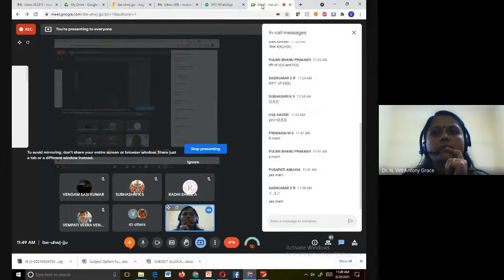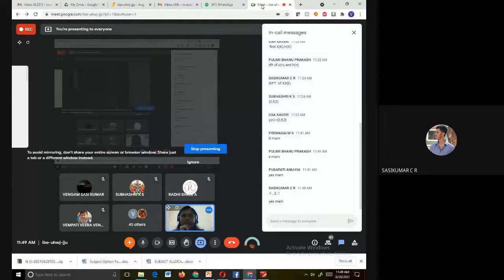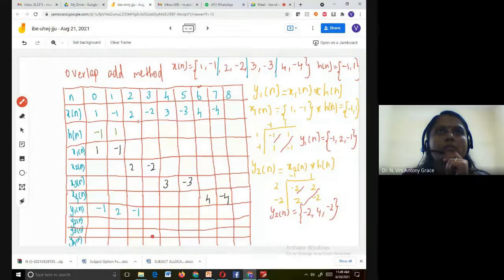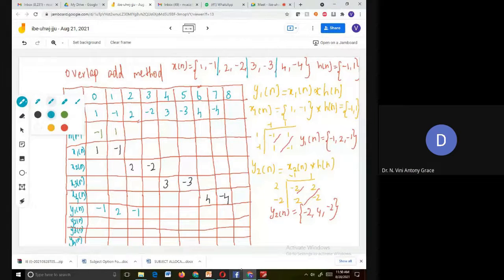What is y2, Sashi Kumar? -2, 4, -2. Okay, good. So this answer y3 is -3, 6, -3. One second. You have to write the first sample of y2 at the starting point of x2. So the first sample I will be writing it here in this table, -2, 4, -2.